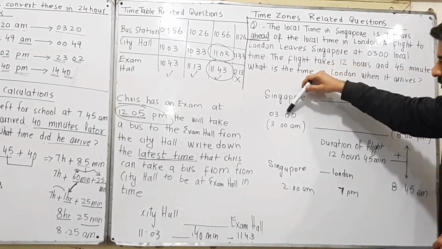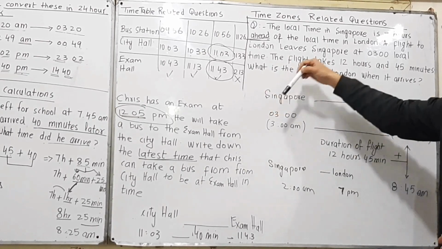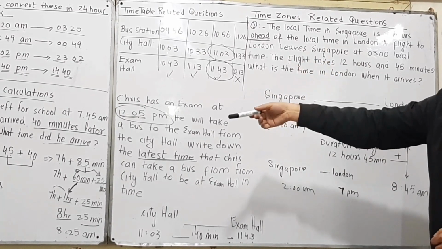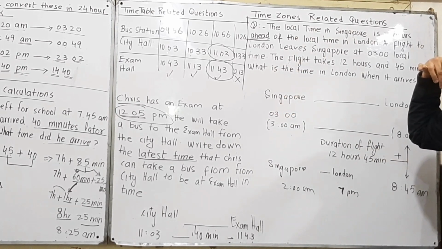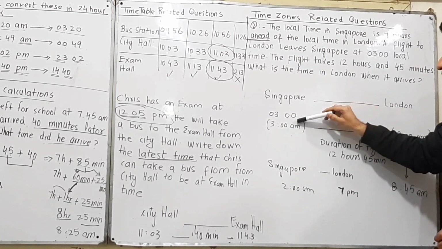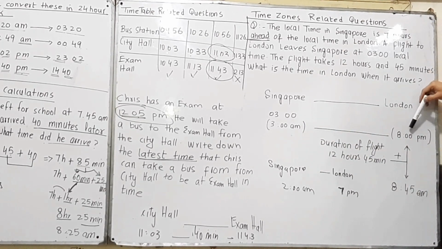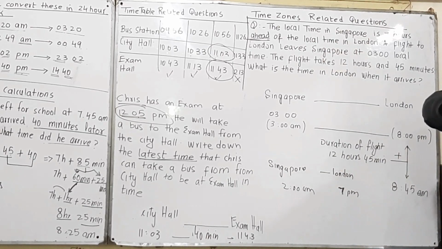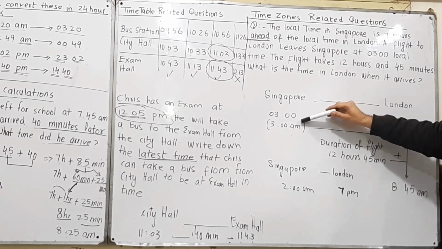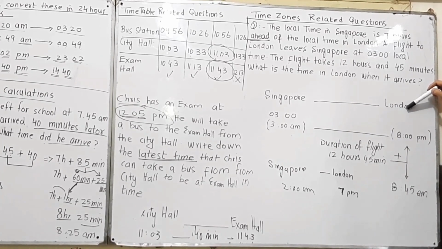The time in Singapore is 7 hours ahead of the time in London. The London time will be 7 hours behind. If it is 3 a.m. in Singapore, then go back 7 hours. It will be 8 p.m. in London. If there is 3 a.m. in Singapore, then you have to go to the previous day. By subtracting 7 hours from 3 a.m., you will be at 8 p.m. in London, 1 day back.